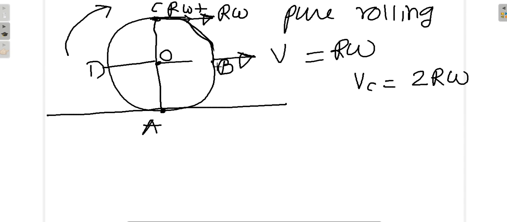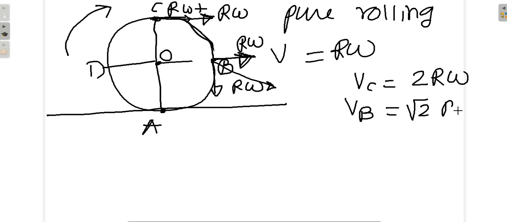Let us consider point B here. Again, the linear velocity will be r omega, whereas the velocity due to rotation r omega is in this direction. So you can see there are right angles. So the net velocity will be obtained by the law of parallelogram, and velocity at point B will be root 2 times r omega in this direction.